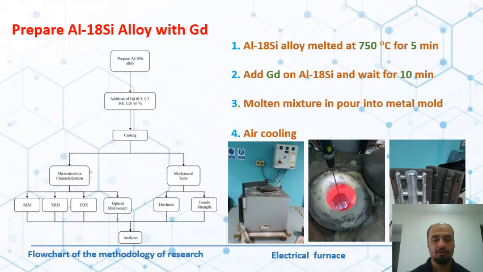The methodology of this research: first, we prepared aluminium 18 silicon alloy in an electrical furnace. We melted the alloy at 750 degrees for 5 minutes, and then we added the Gd element for 10 minutes to be homogeneous with the alloy.